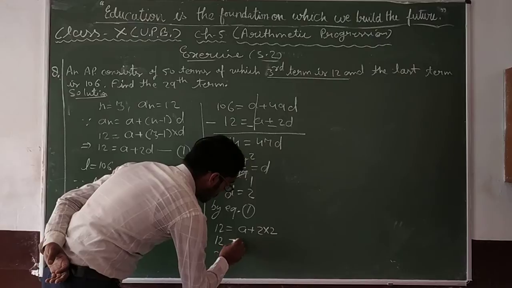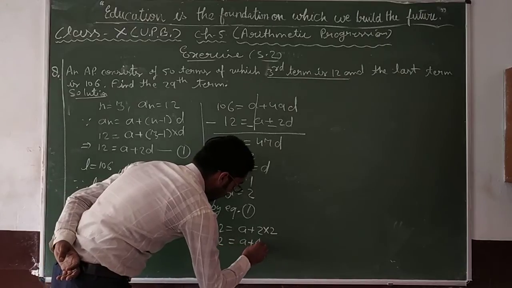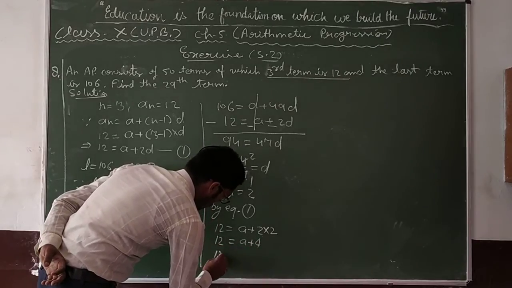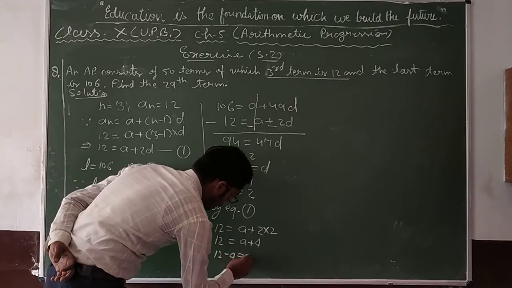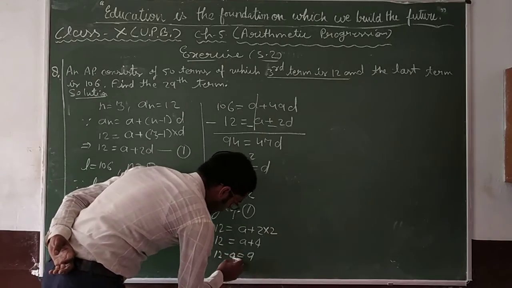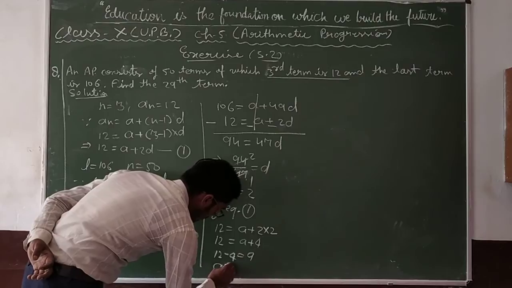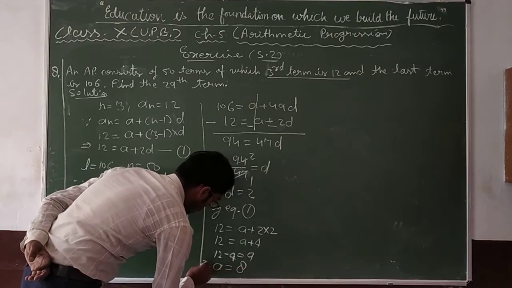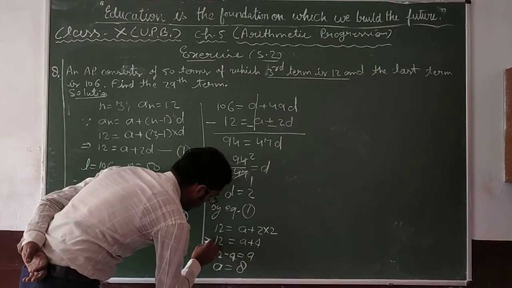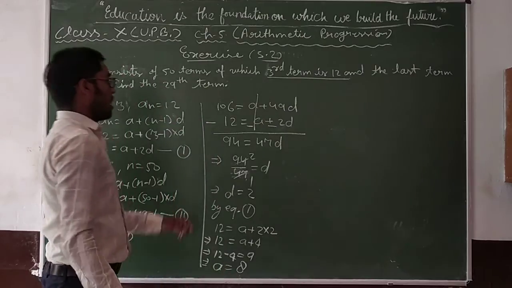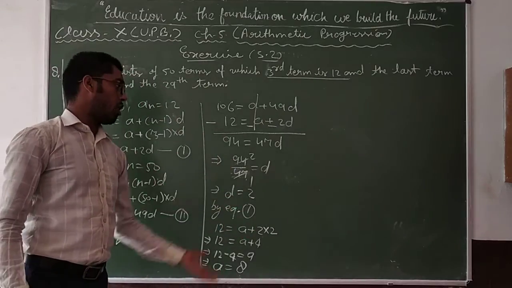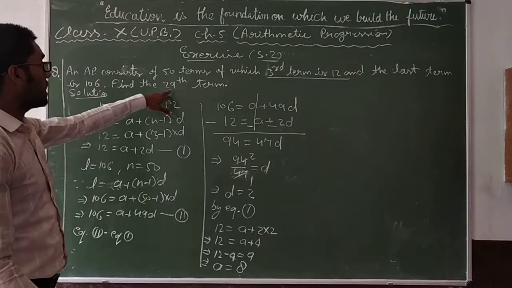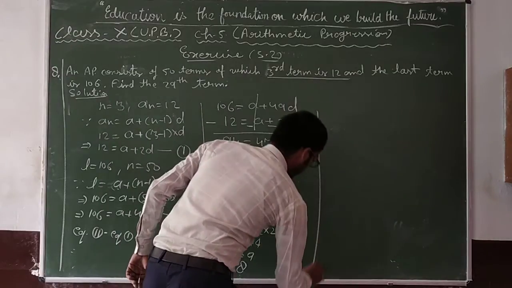Now 12 is equal to a plus 4. Then 12 minus 4 is equal to 8. It means a is equal to 8. Now you have the value of the first term. The value of the first term is 8. Now you have the first term and the common difference. Now find the 29th term.